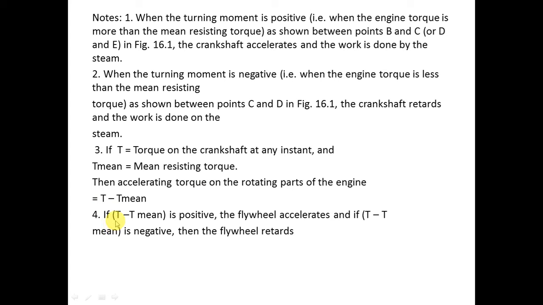If T minus T mean is positive, the flywheel accelerates, and if T minus T mean is negative, the flywheel retards. So this is what we said earlier: the crankshaft accelerates and the crankshaft retards, work is done by the steam and work is done on the steam.